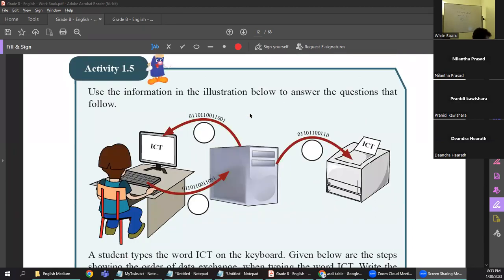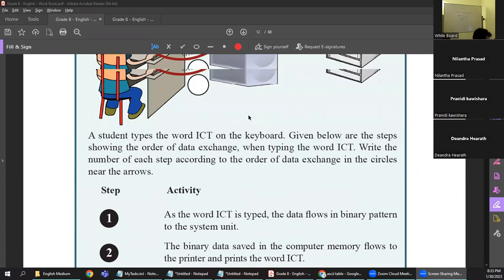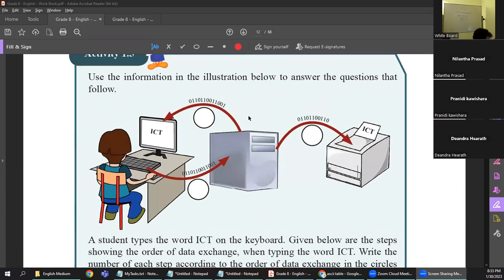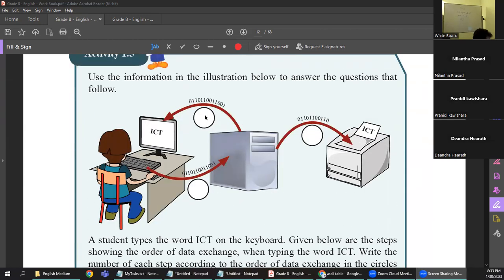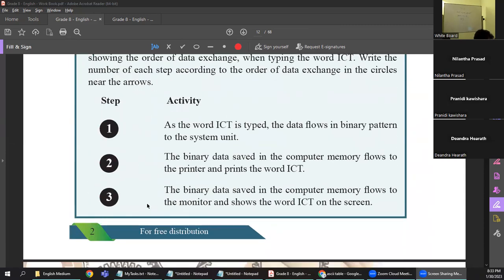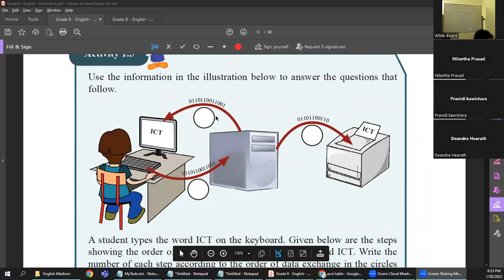Also you can see some numbers given here, and you have to put these numbers inside these circles. So these are the 3 activities, and you have to put these inside these circles by reading carefully.